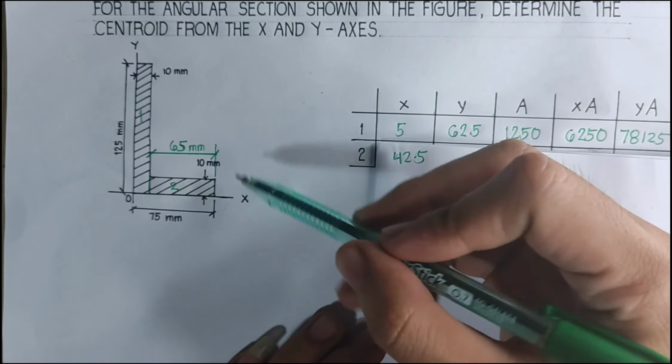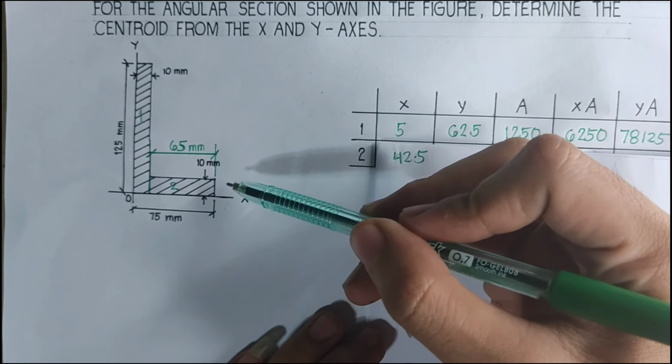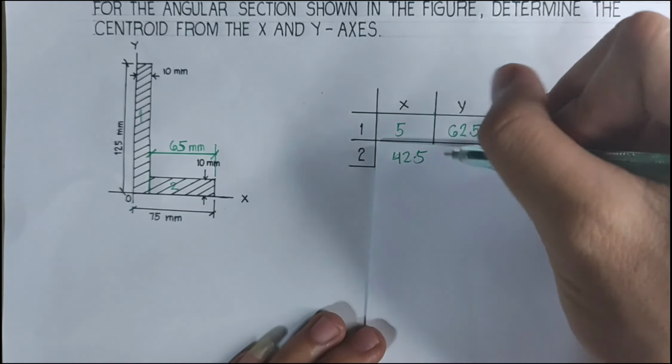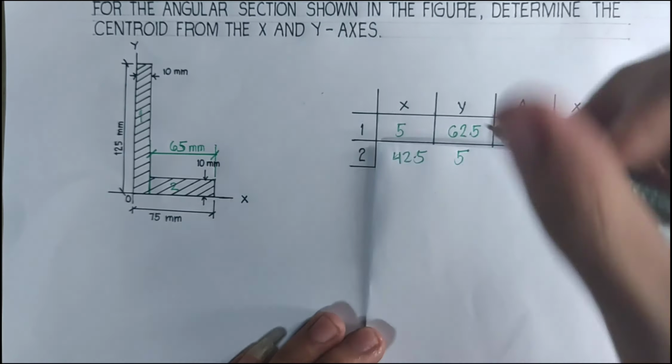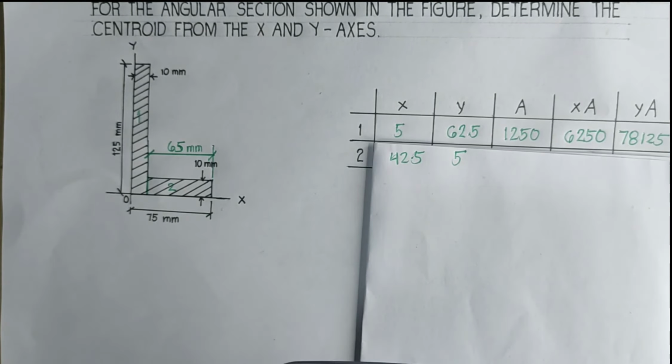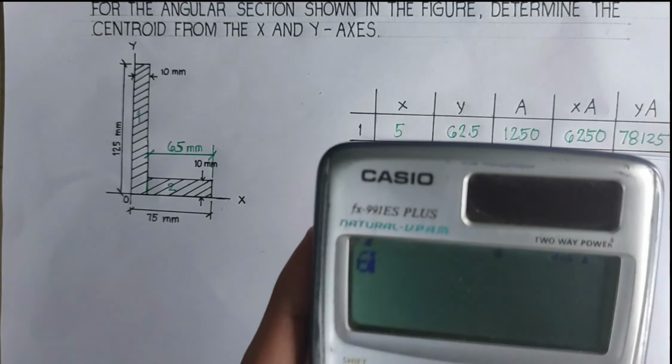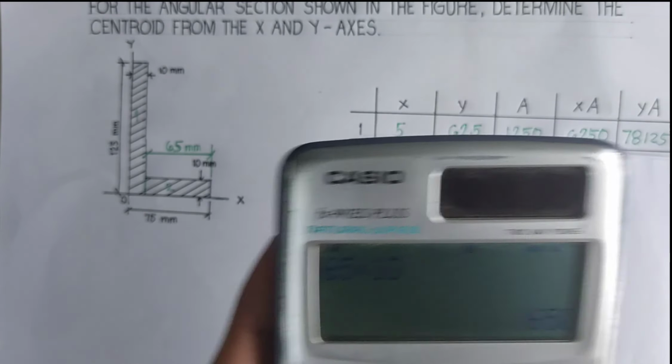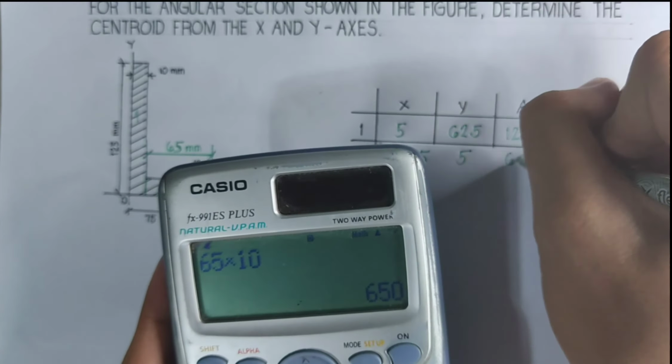And for its bar Y, since it has a thickness of 10 mm, then y is equal to 5. The area of the second segment is 65 times 10, which is equal to 650.